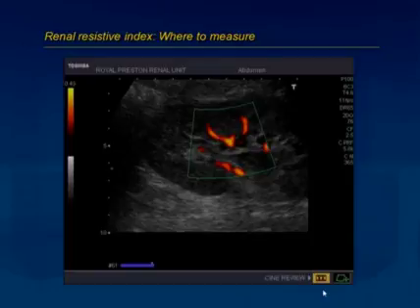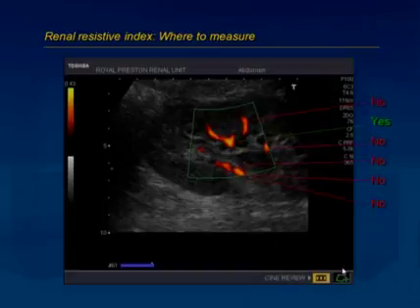Where to measure the renal resistive index? It's very important to become familiar with one's own ultrasound machine and the algorithm that the machine uses, but it's still very important to know where to measure. And that is shown in this picture. It's very important to measure the renal resistive index in the distal segmental artery. Why is that?